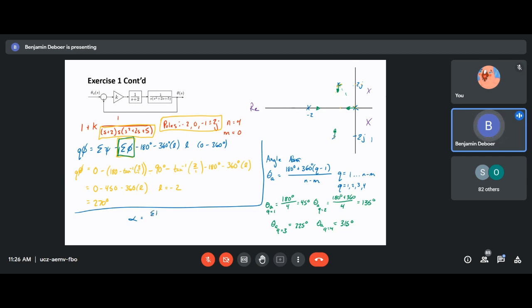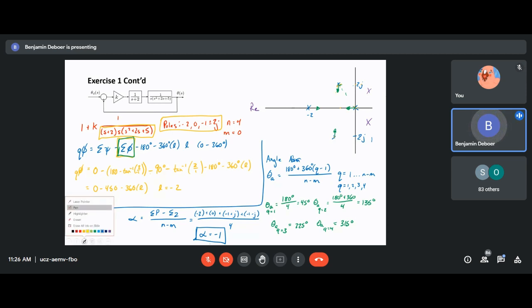So we have the sum of the poles minus the sum of the zeros of the system, all divided by N minus M. And so in this case, we have -2 plus 0 plus -1 plus j plus -1 minus j, all over 4. And this results in an alpha of -1. So that means the centroid of all our asymptotes is going to pass through -1.